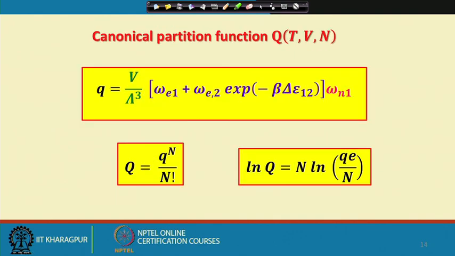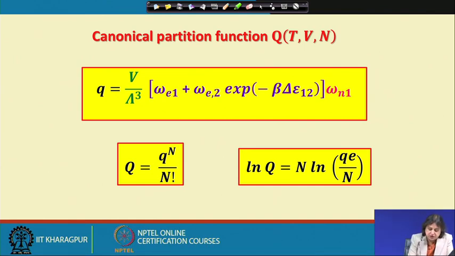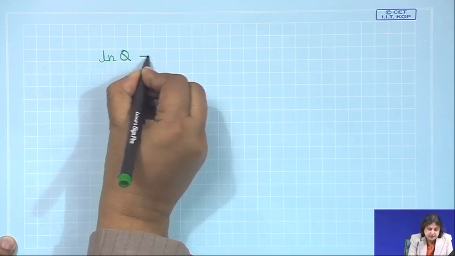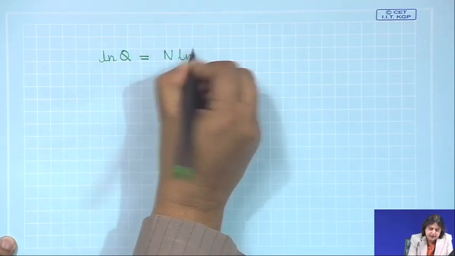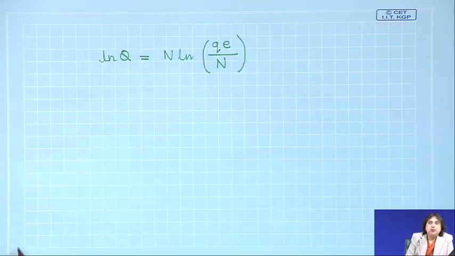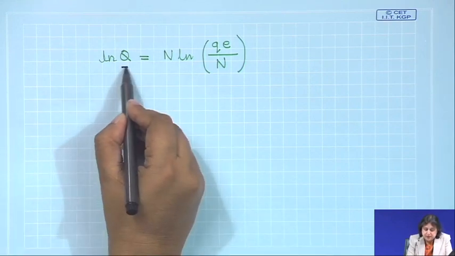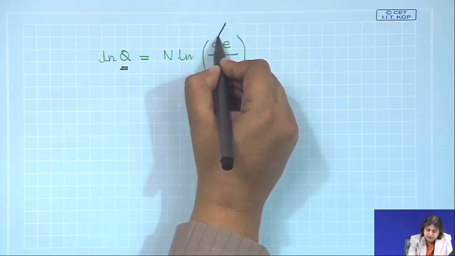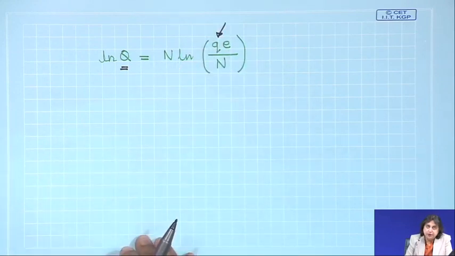So, let us now go back and try and find out the simplest possible things, and for this purpose what I will be requiring is the expression for capital Q. Okay. So, if I look at what happens to capital Q as a function of volume, I see that ln Q is equal to capital N ln (qe divided by N). So, where does the dependence on volume in capital Q come from? That comes through the dependence of small q on volume. Okay.